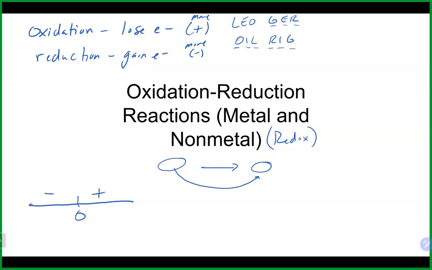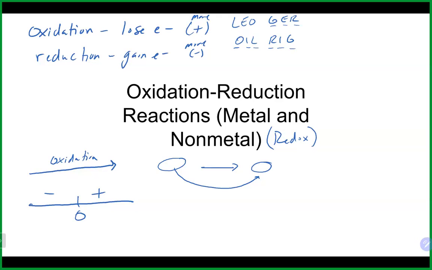If you look at the charge, which is really the oxidation state, but we will call it the charge, of an element on the left-hand side of the arrow compared to the right-hand side, and you see that its oxidation state or charge becomes more positive, moving in this direction on the number line, that thing is going through oxidation.